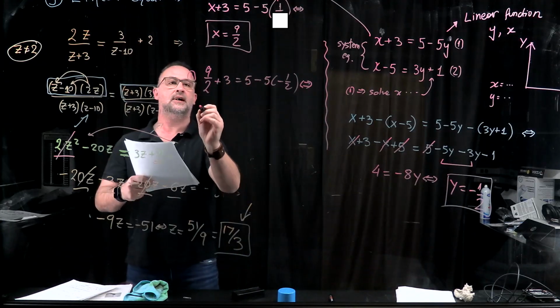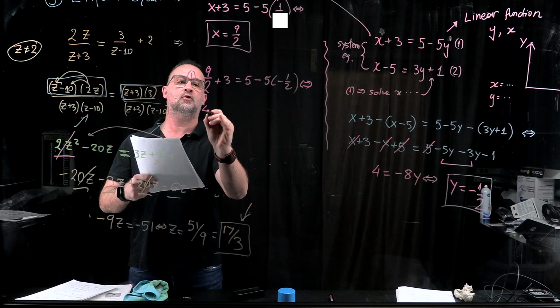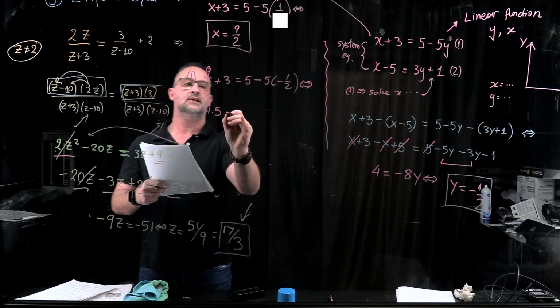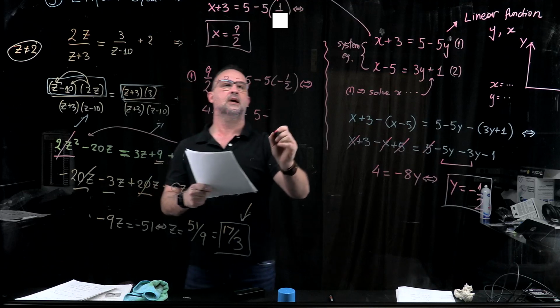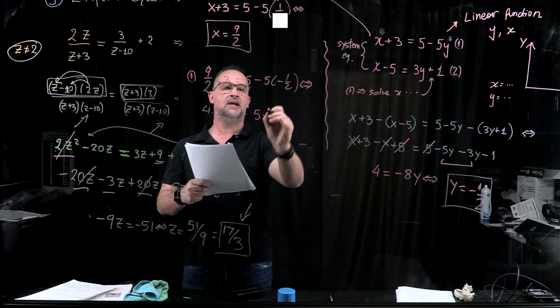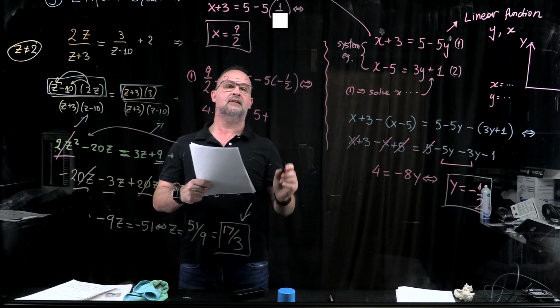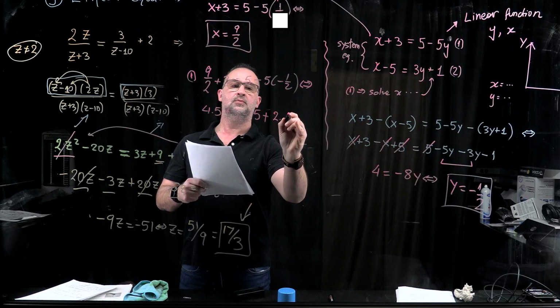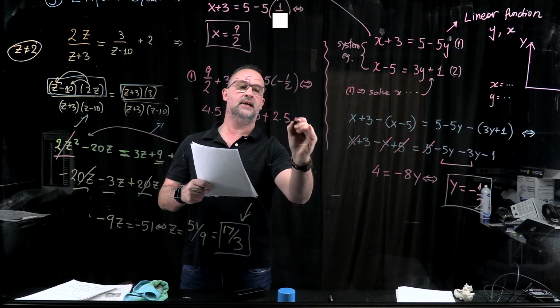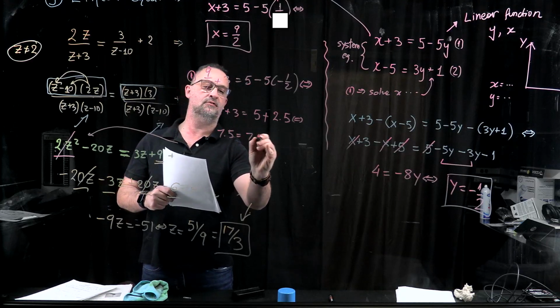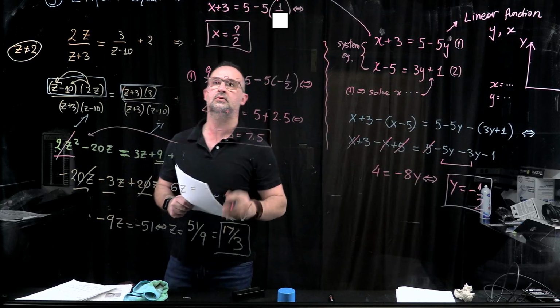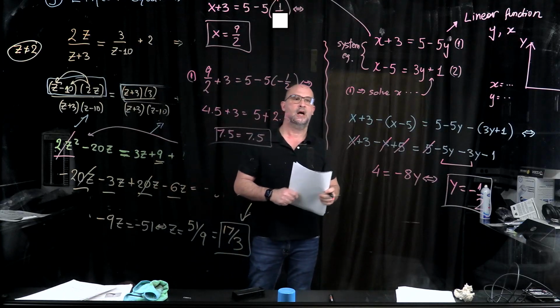So here we got 4.5 plus 3 equals to 5 minus, that's going to be plus 5 over 2, 2.5, and what do you get? You get, what is it, 7.5 equals to 7.5. Good news, congratulations, you solved it right.